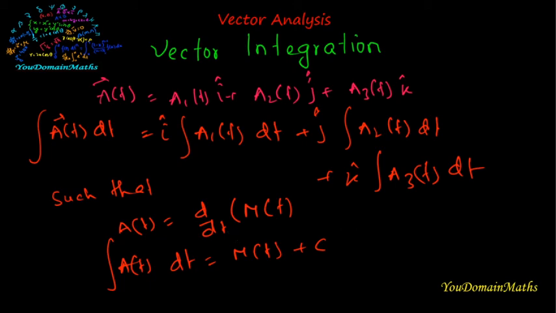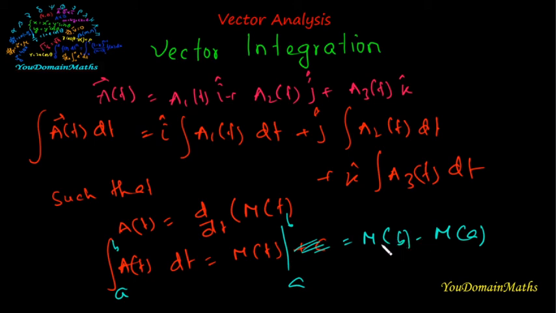When this is a definite integral, with a as the lower limit and b as the upper limit, the constant is not necessary. So we can write m of b minus m of a. This is for the definite integral.